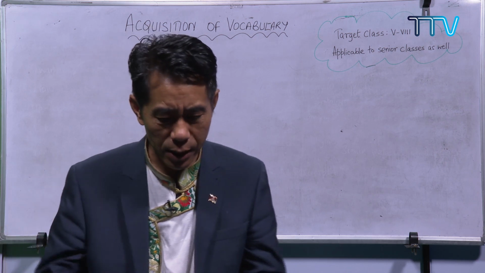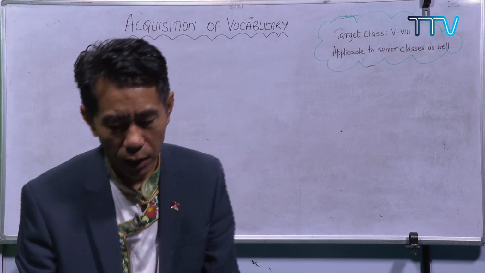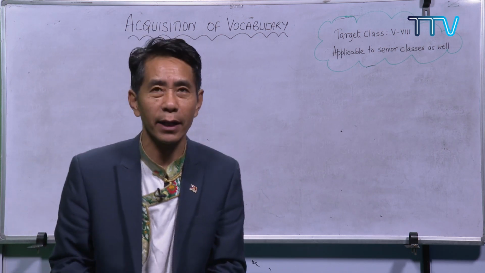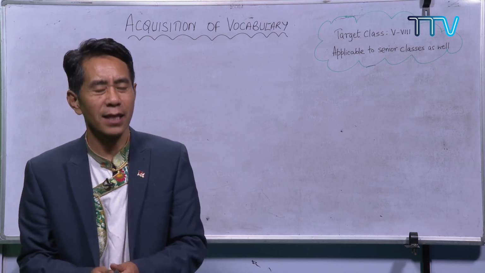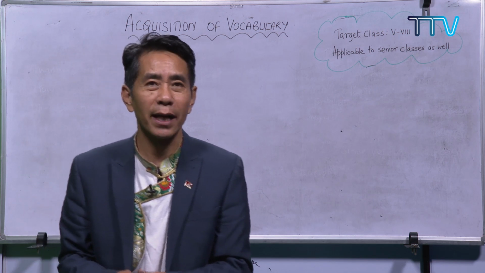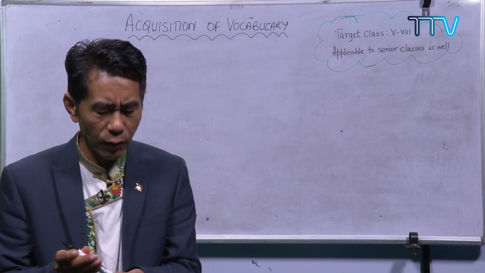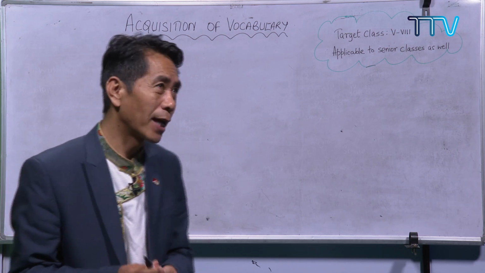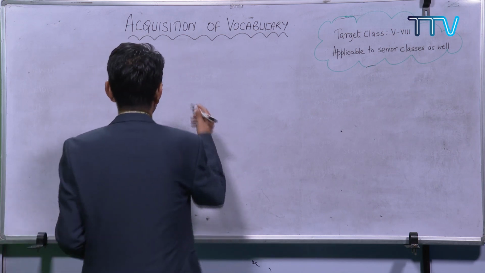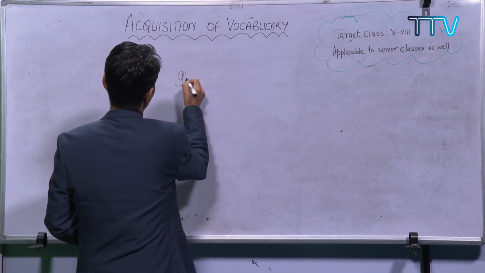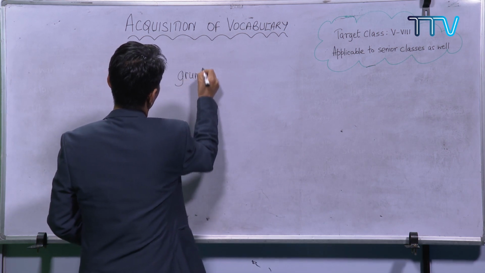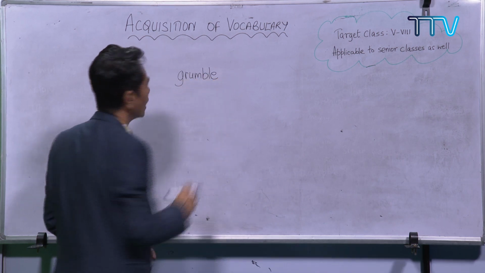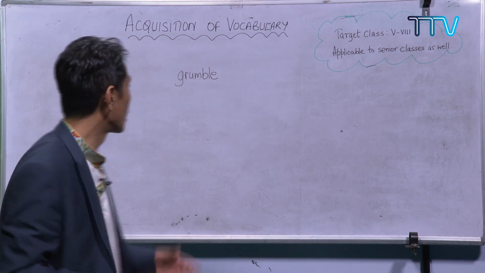And to talk about developing vocabulary, these are the things that I normally tell my students. Whenever you come across any word, for example, grumble. You know what grumble means.